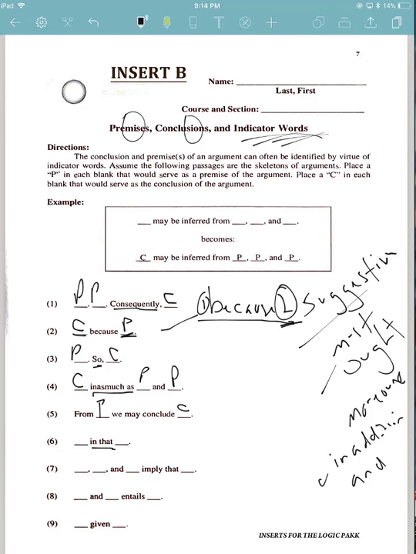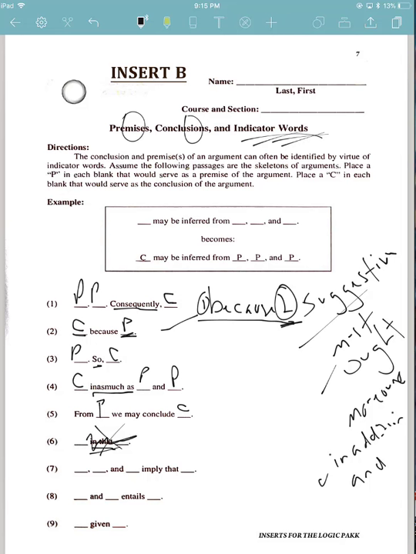Yeah, I'm not sure. I forgot what in that is. It's such an awkward phrase, and I haven't heard it in a long time. So I wouldn't use this one; it doesn't even make sense to me. My guess is it's a premise indicator word, and our book may talk about it, but I've never used it in almost 20 years of teaching this class. So we're just going to move on, okay?